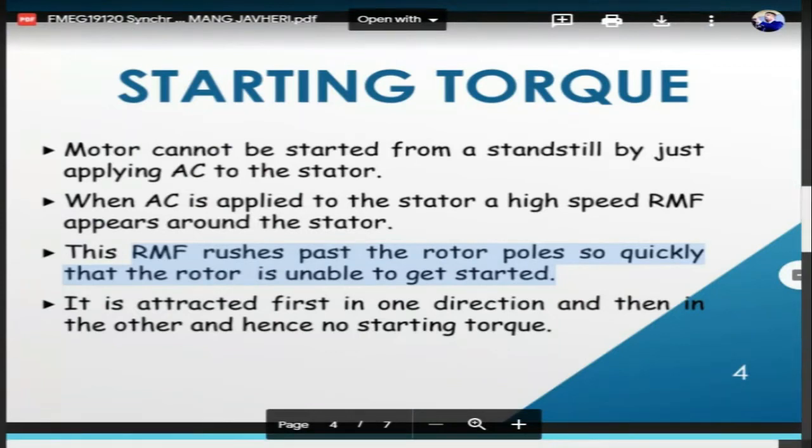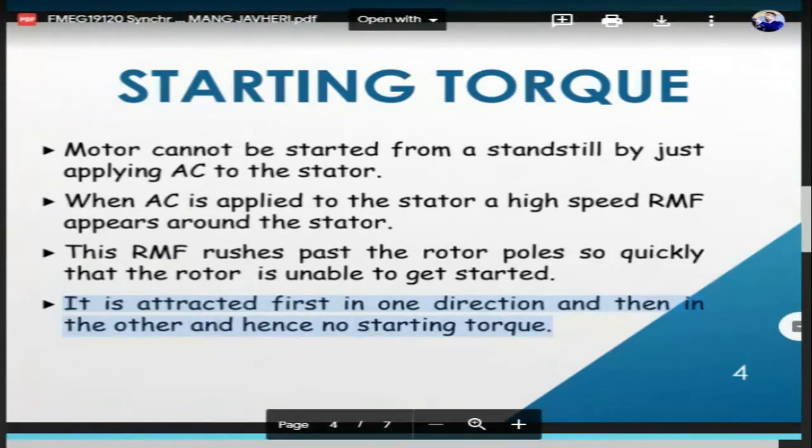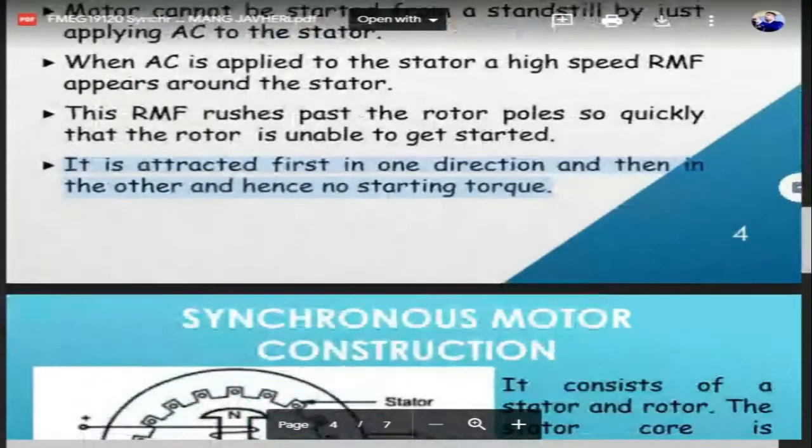We'll see another demonstration of how this synchronous motor is connected and used in various applications. If it is attracted first in one direction, then in the other, there is no starting torque, because there are continuously alternating north and south poles.